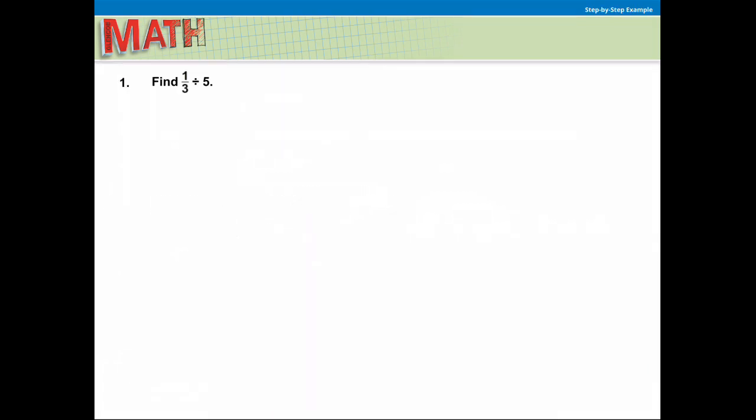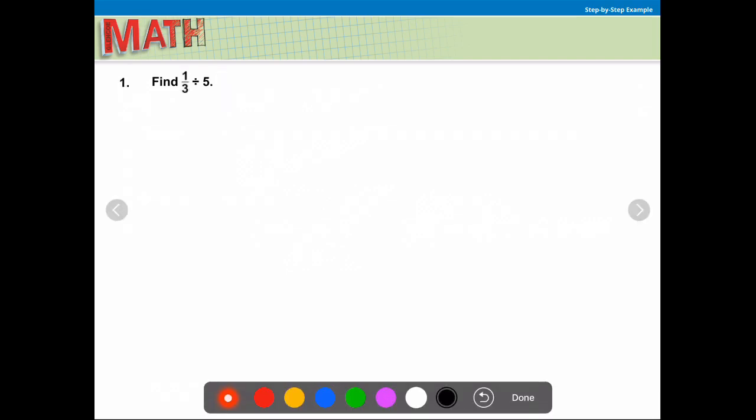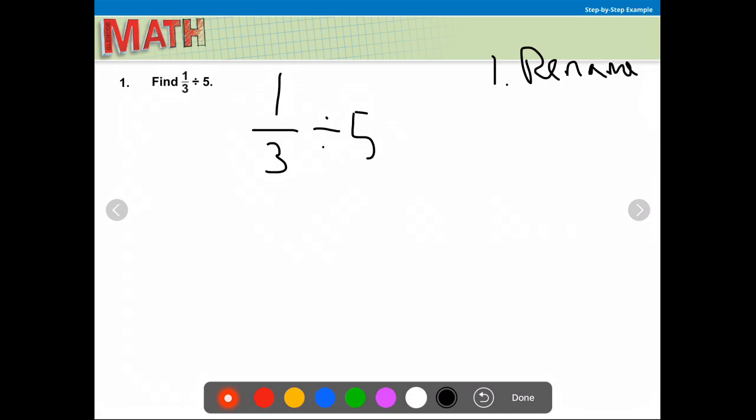Now let's see how that works with one of these. I'm going to start with 1/3 divided by 5, and my step 1 is rename. So I want to rename that whole number, that integer, to a fraction. If it's a mixed number, we'll change it to a fraction. Step number 2, we want to find the inverse of the second one, or flip it.